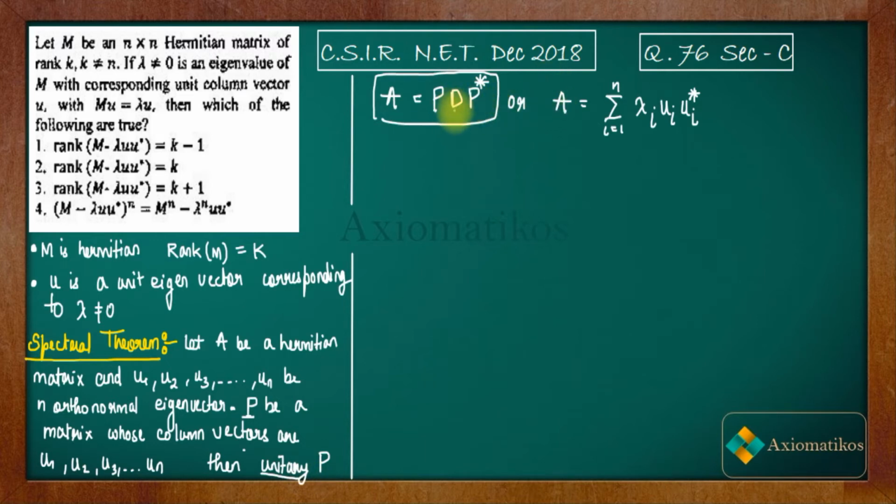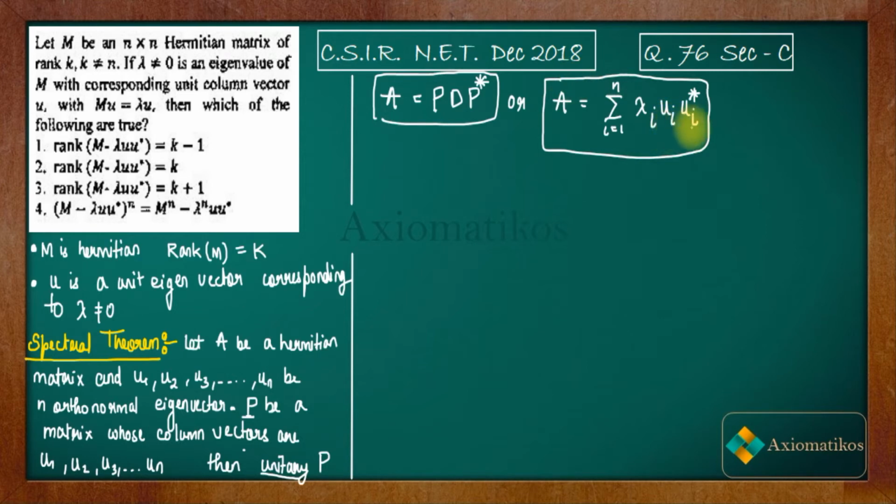Now this D, I am again focusing on it, is a matrix which consists of the eigenvalues of A in its diagonal. So if you evaluate this expression, you will get that both expressions are actually equal. They represent the same thing.